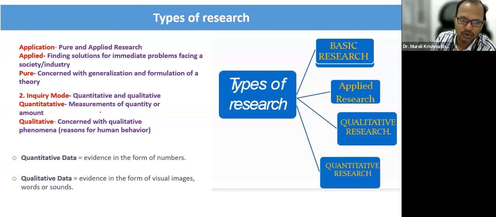Here qualitative and quantitative research are also there. Quantitative means the measurement of quantity or amount. Qualitative is like the phenomena; you are giving some proof and evidence to prove some of the statements and objectives.